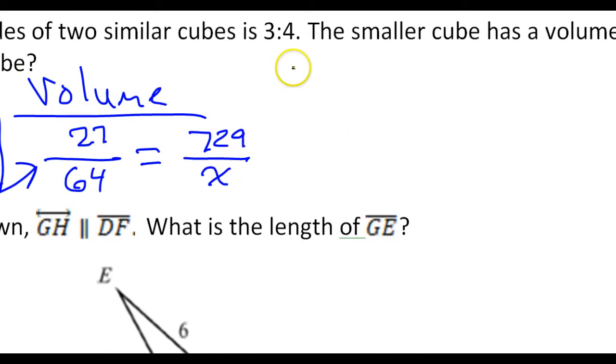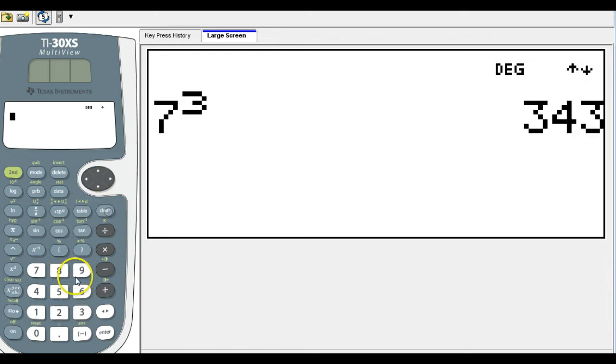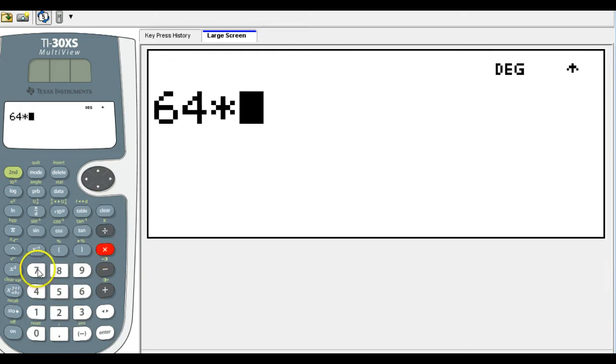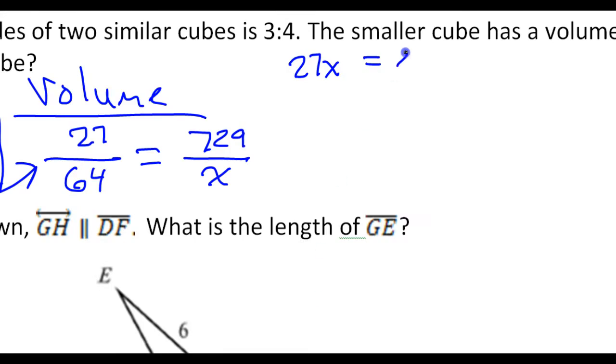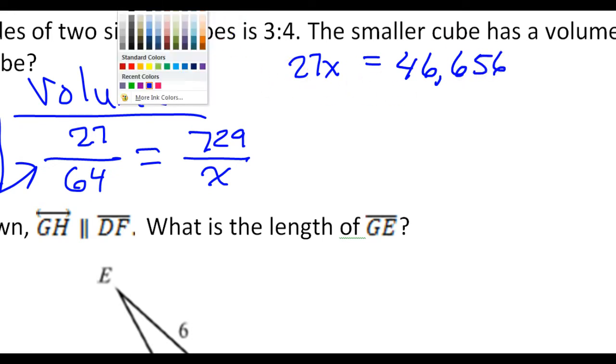So 27 times x will just be 27x, and 64 times 729 is 46,656, which needs to be now divided by 27.